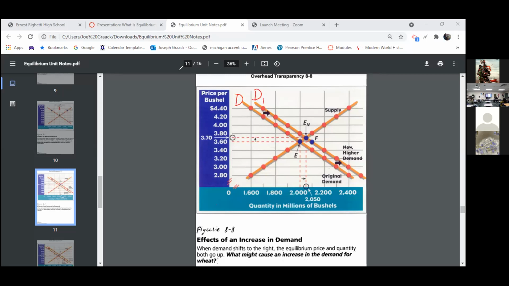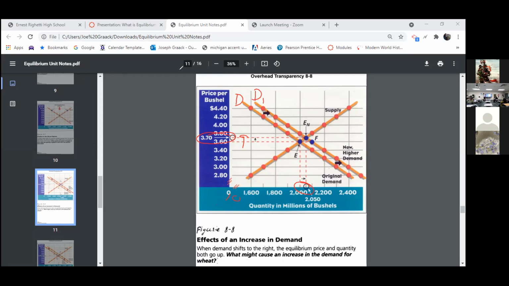There's a growing demand for this product. When you have a growing demand for the product, you can see price went up 10 cents. You're just moving right or left. And remember, that's because this is 0, 0.